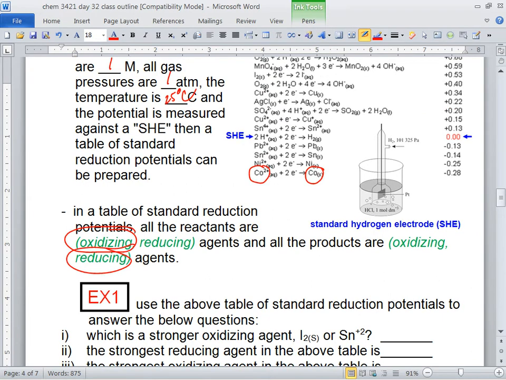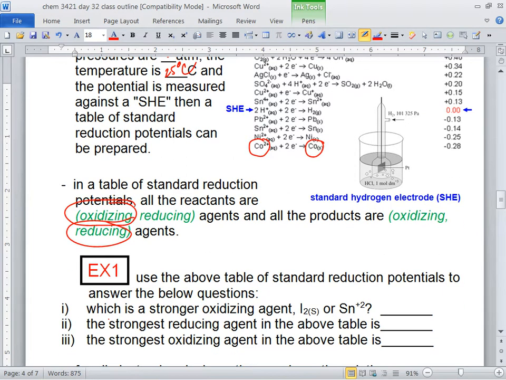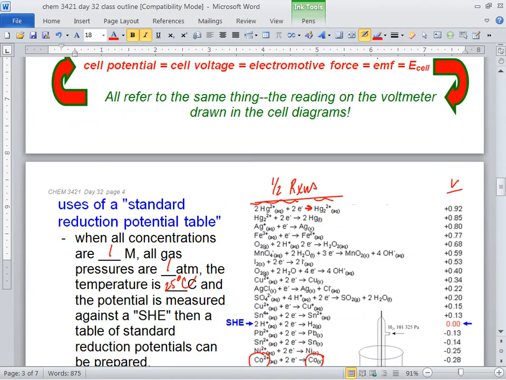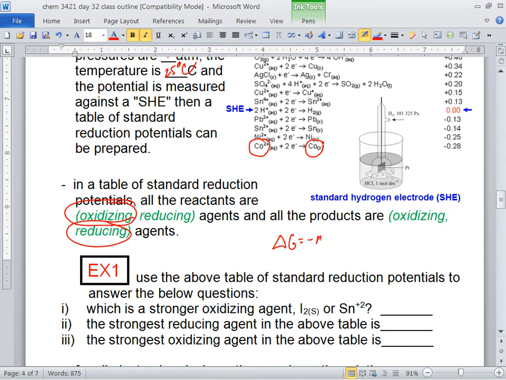What's a stronger oxidizing agent? Now, this whole idea of stronger, remember delta G is minus, what did we say it was? nF E cell. That's your hint to all this.